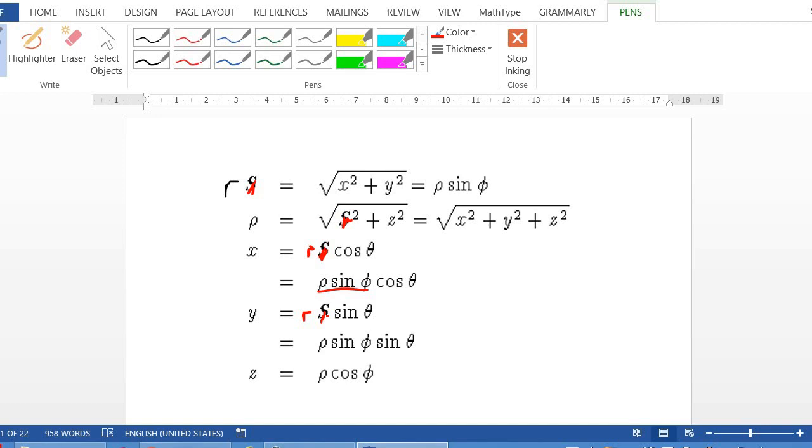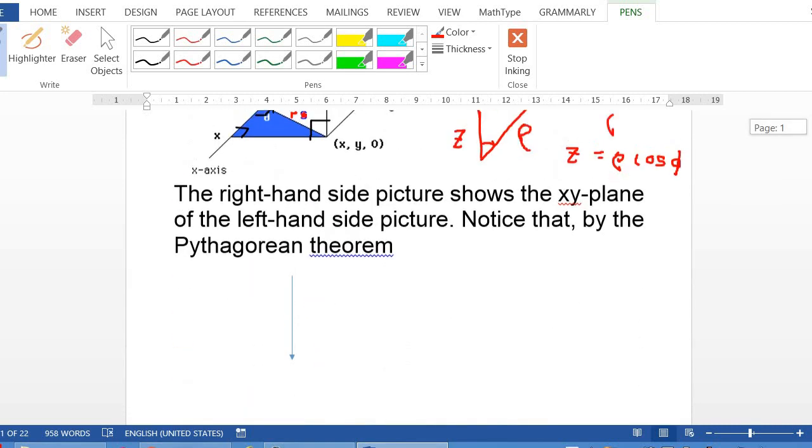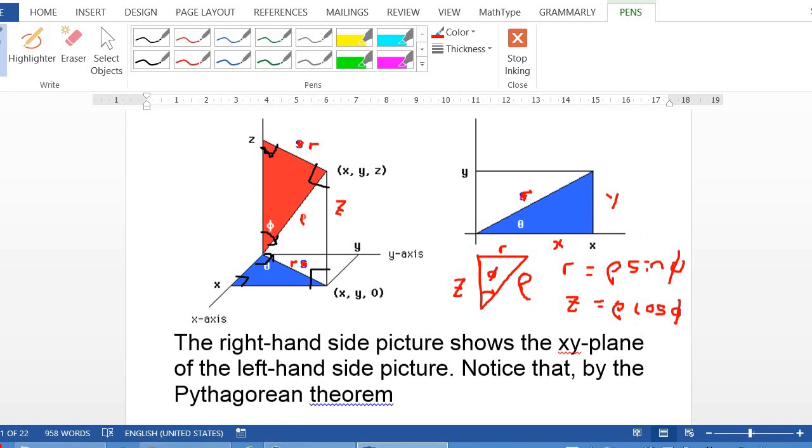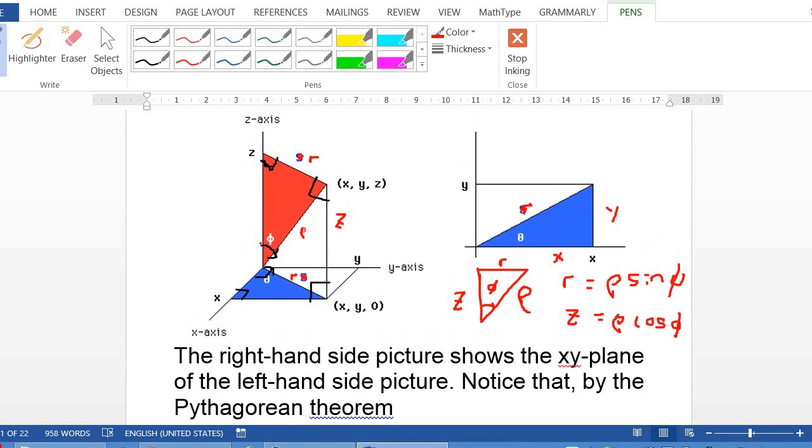From y equal to r sin theta in polar coordinates, where r is rho sin phi, y becomes rho sin phi sin theta, and z is rho cos phi. It is from this triangle, with z making an angle phi with rho.